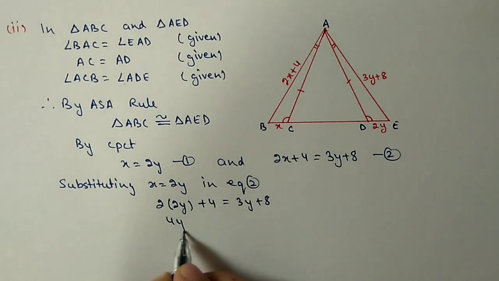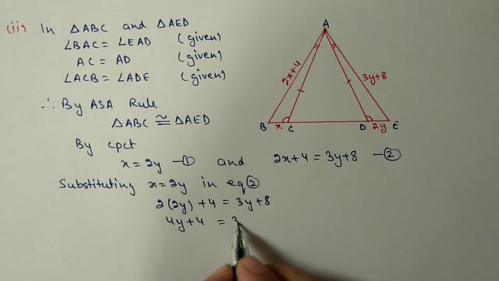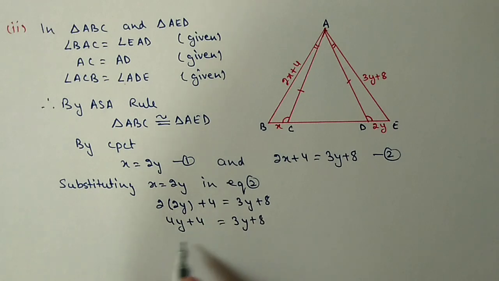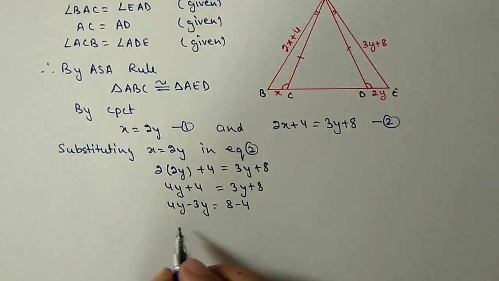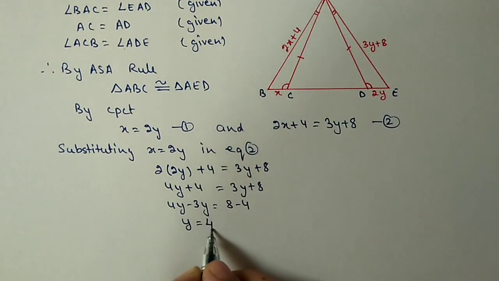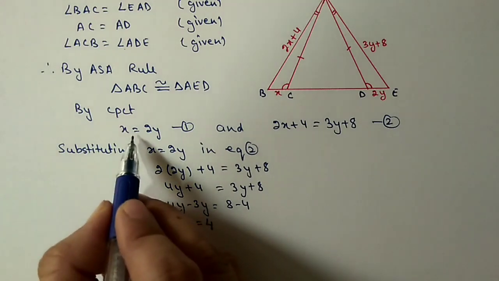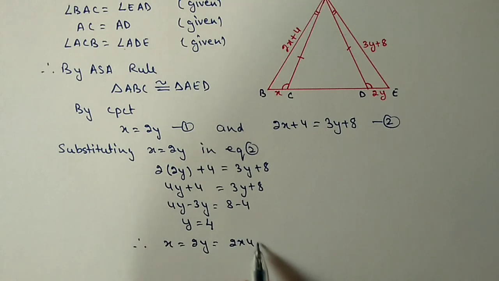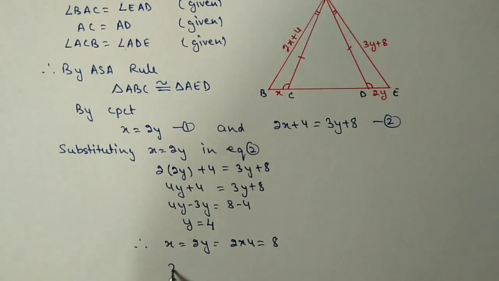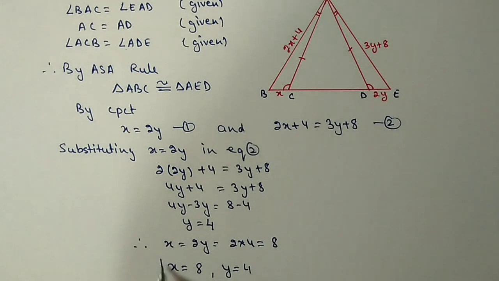So 4y plus 4 is equal to 3y plus 8. 4y minus 3y is equal to 8 minus 4, or y is equal to 4. After getting the y value, we can find out the x value. Therefore, x will be 2y, 2 into 4, 8. So, we got here x is 8 and y is 4.